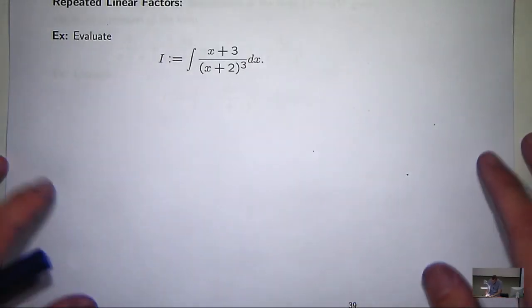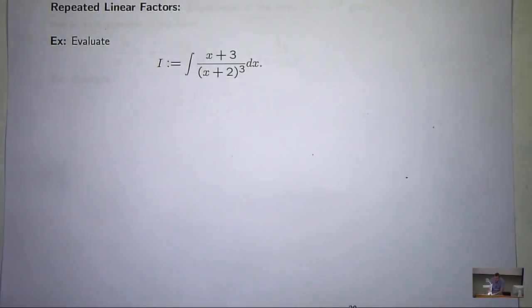Now, on some occasions, you'll come across what's known as a repeated linear factor. So you can see in that integrand on the bottom, I've got x plus 2 all cubed. In this case, the decomposition is not quite what you would expect. So this is an important special case.